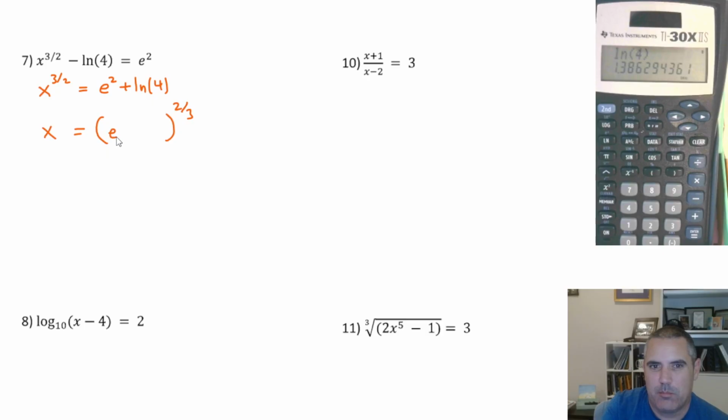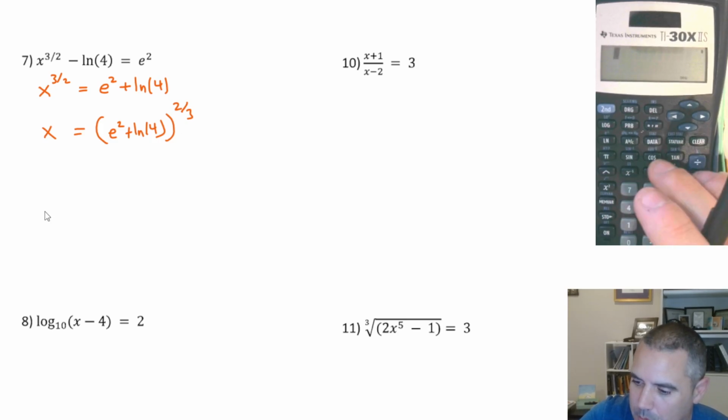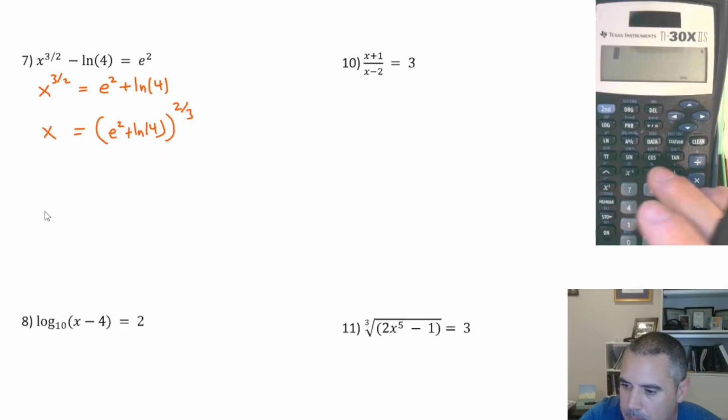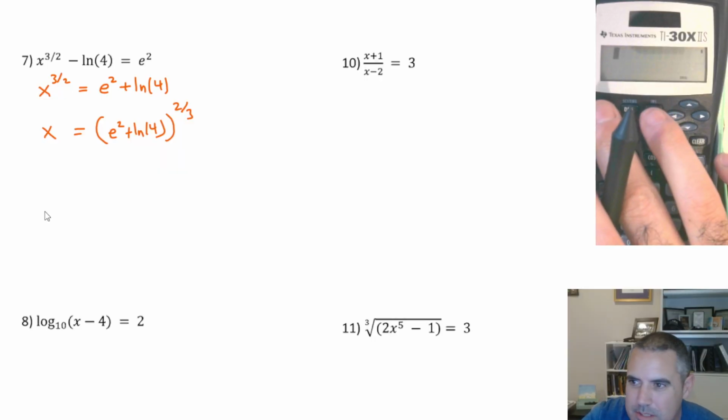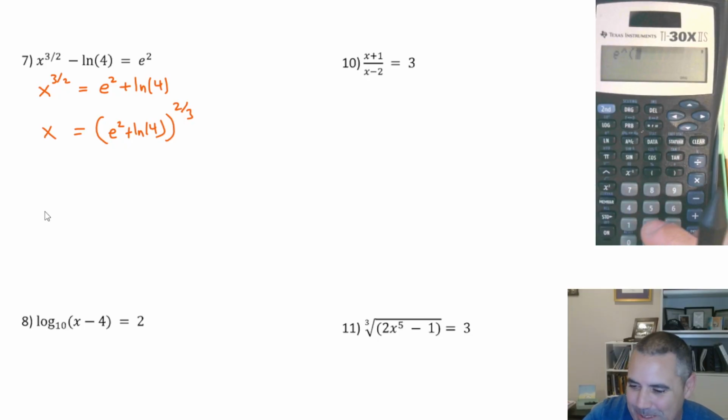This is a good example of something that is actually one of the easiest equations to solve on this entire sheet, but tends to be one people get wrong. If I was doing this, I might even do it in steps, just because I don't like to put too much in my calculator at once. I find that the more I put in, the more likely I make a typo.